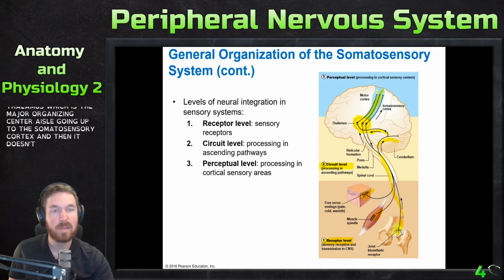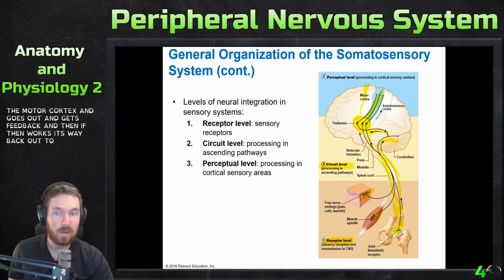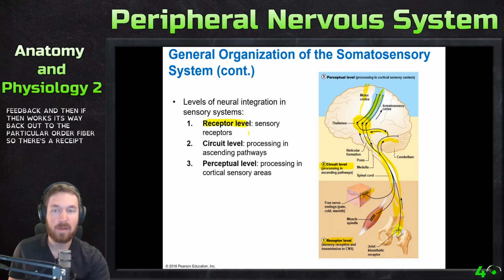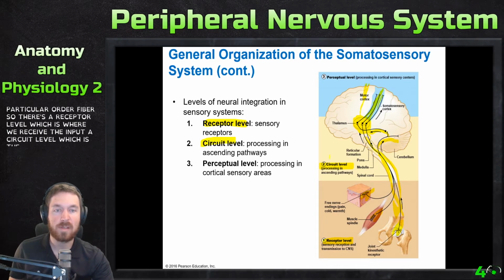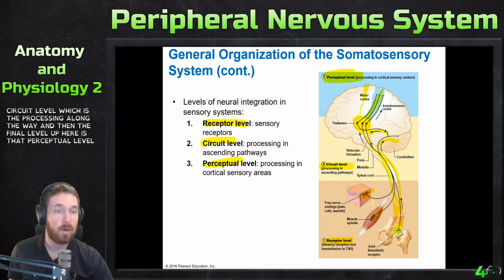And then if there's an output that's needed, it then goes out the motor cortex. So then the motor cortex goes out, it gets feedback, and then it works its way back out to the particular motor fiber. So there's a receptor level, which is where we receive the input, a circuit level, which is the processing along the way, and then the final level up here is that perceptual level where you're actually analyzing that sensory input.